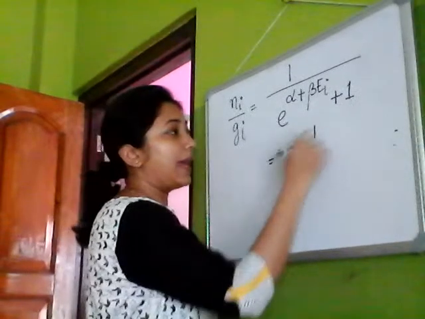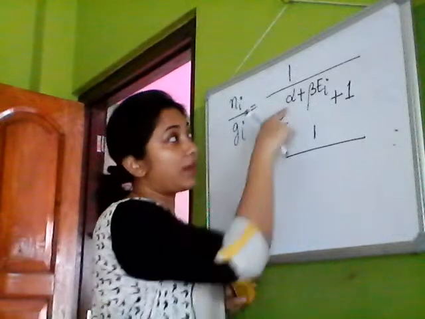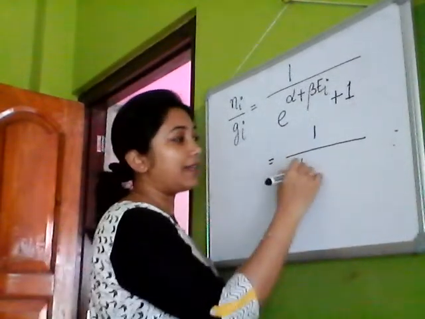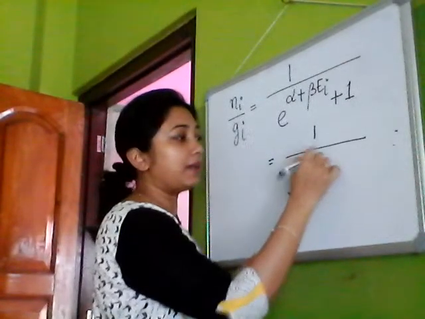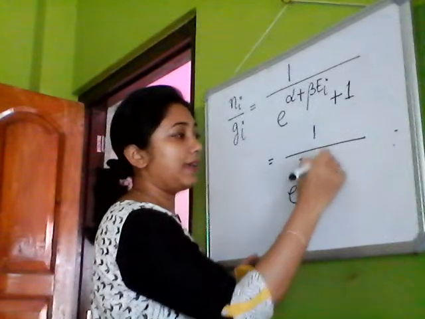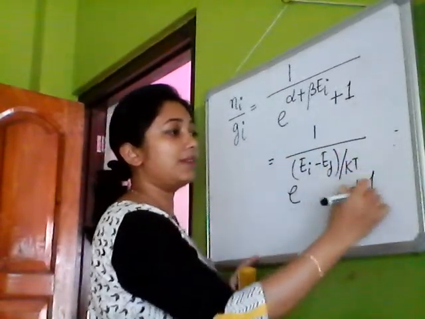This will then look like, since Ei is a positive quantity, whereas alpha is coming with a minus Ef, can I not write it like e to the power Ei minus Ef by kT plus 1?